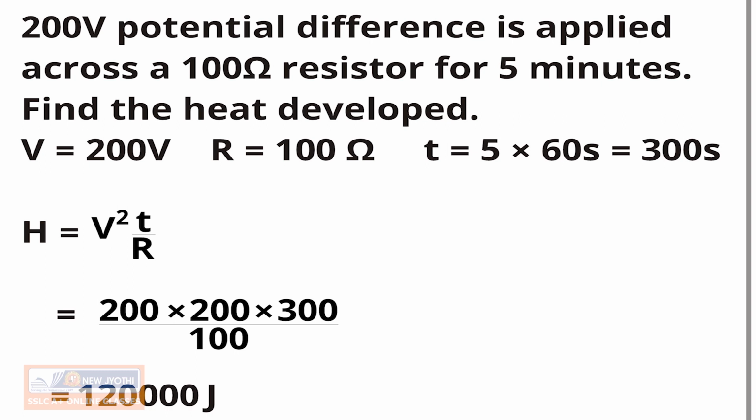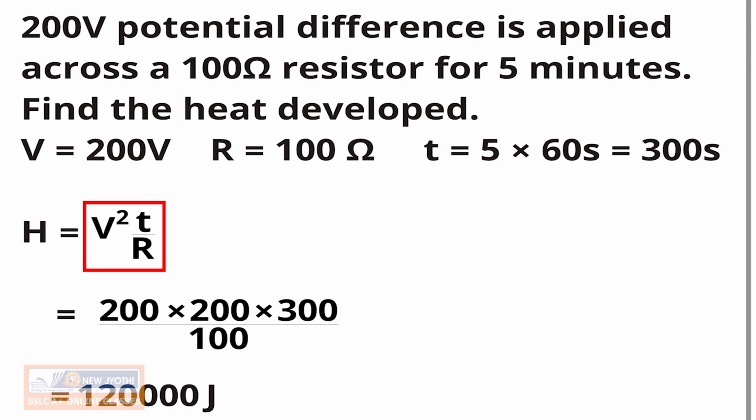Here also V is given. V is equal to 200 volt, R is equal to 100 ohm, and time is given in minutes, so we have to change it to seconds. That is, T is equal to 5 into 60 seconds equals 300 seconds. So what is the equation used here?